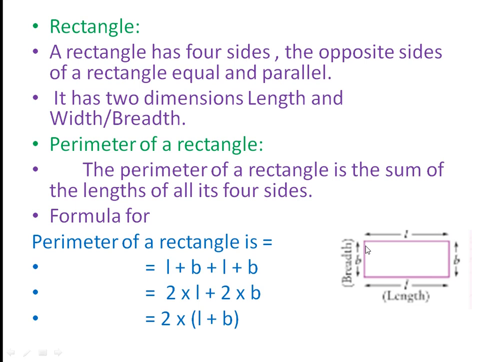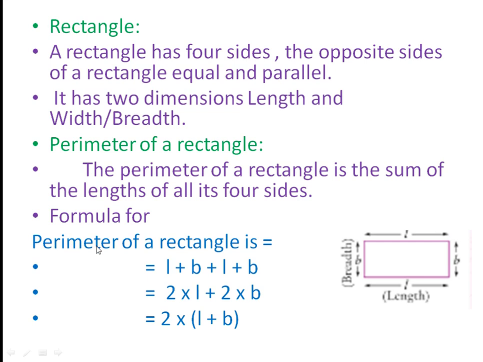The sum of the lengths of all its four sides means 1, 2, 3, 4. These are the four sides. L plus B plus L plus B. This is the perimeter of the rectangle.